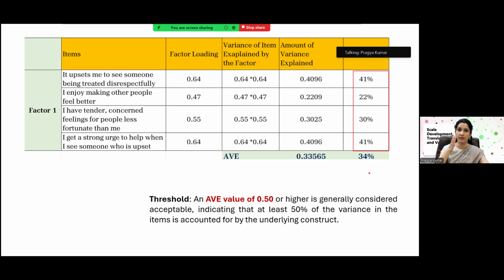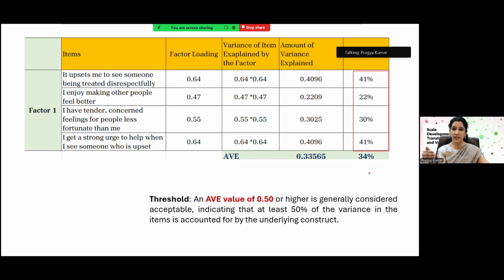All that loading, we will do it here. You don't have to do this manually. You get this output in JASP. And that's why we have chosen JASP over Jamovi, as some participants were inquiring in the beginning. Jamovi and JASP are very similar until you do the exploratory factor analysis.